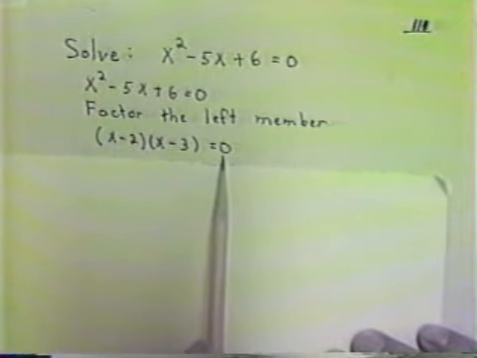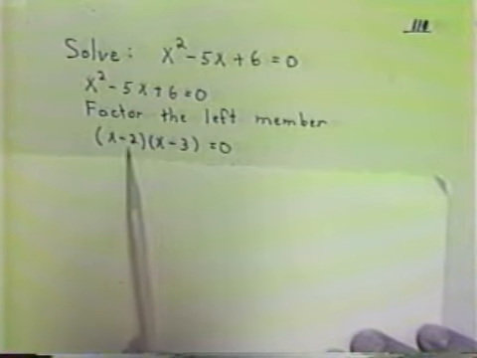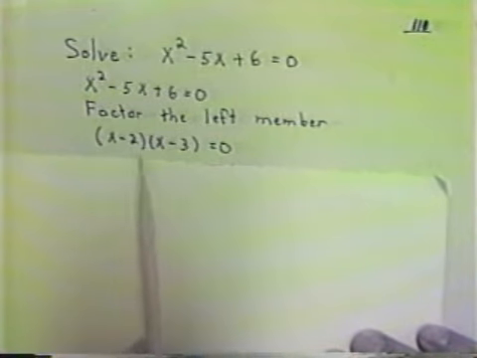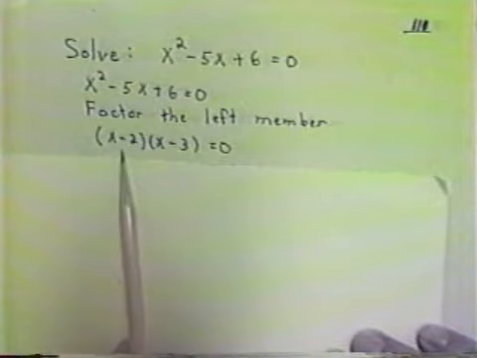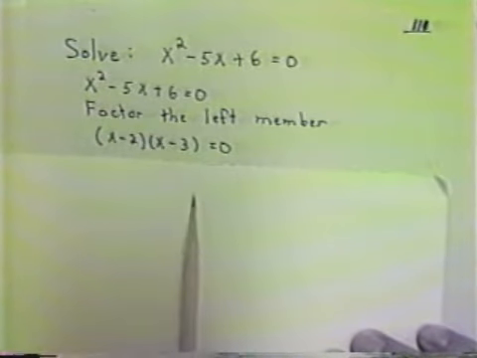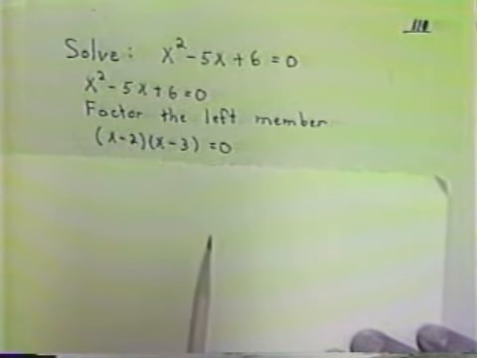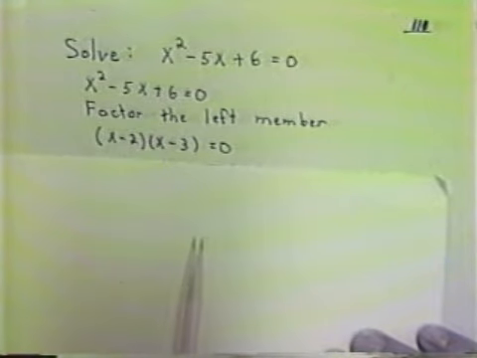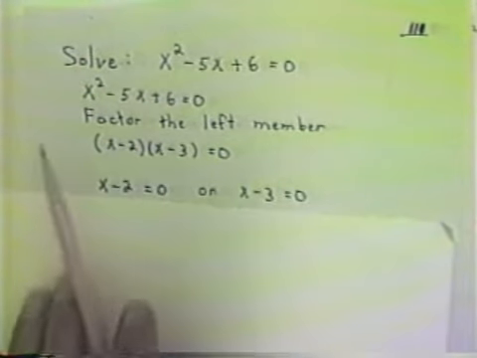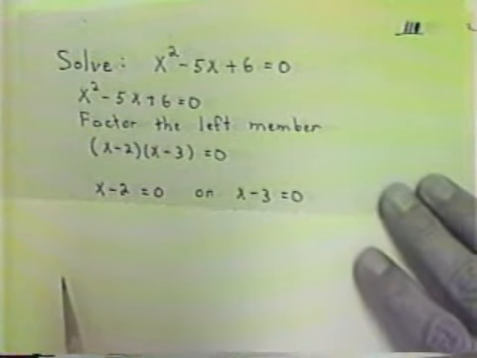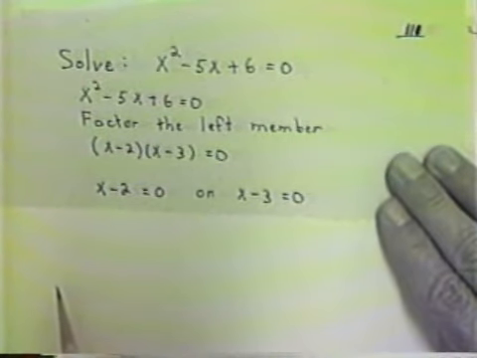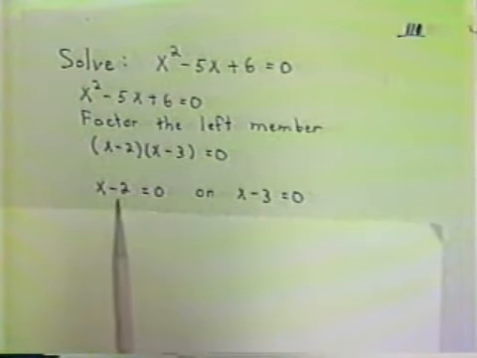In other words, the only way I can get 0 by multiplying is to multiply by zeros. I am multiplying these two factors to get 0, therefore one of them must be 0. So we know that either x minus 2 is 0 or x minus 3 is 0. So one of those two factors must be 0.